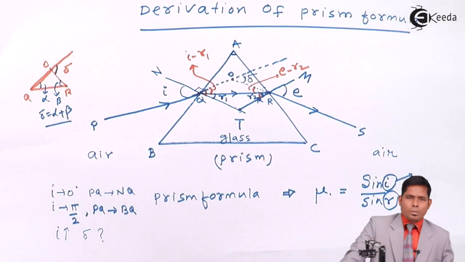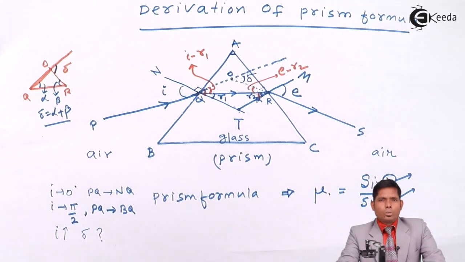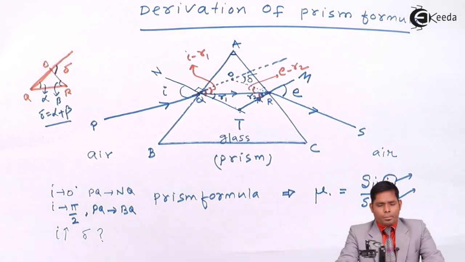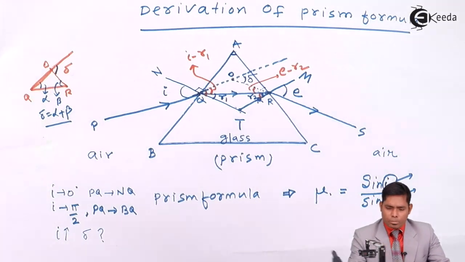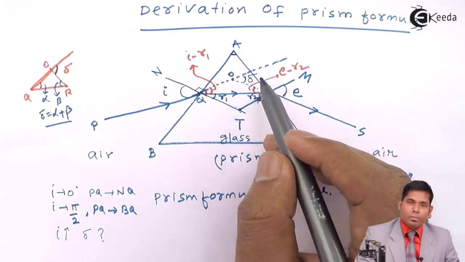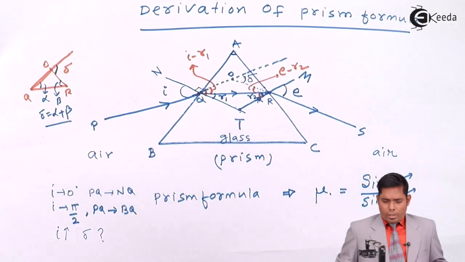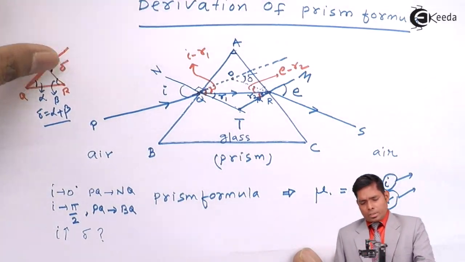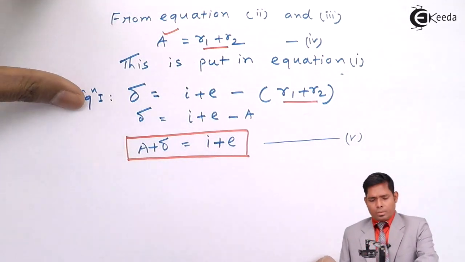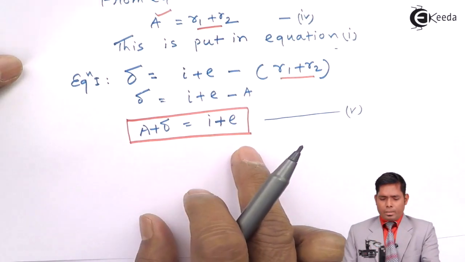So this is what practically we have to do and see what happens to the delta. That means what happens to this delta, angle of deviation. Experimental observation says that, so this far we have done, we'll come back to this later on.